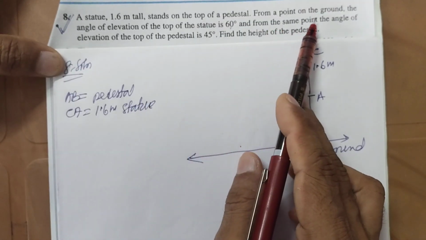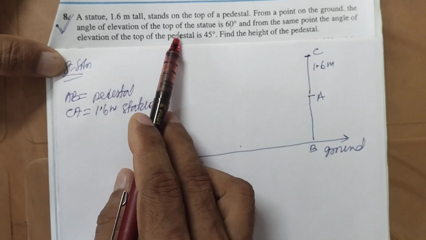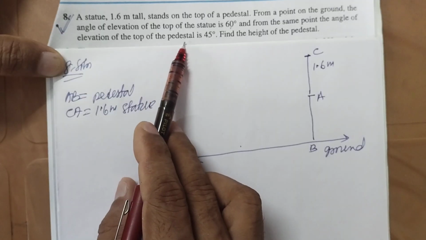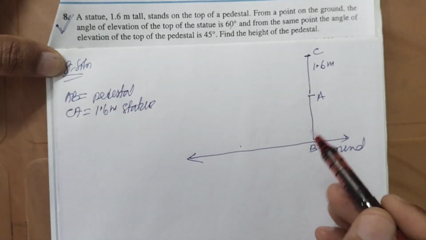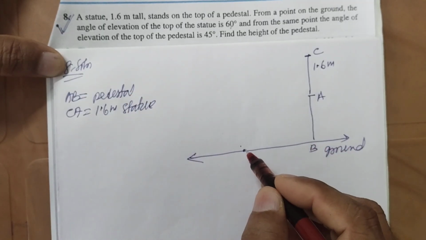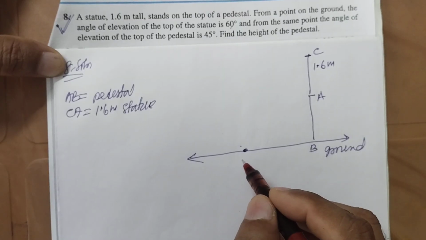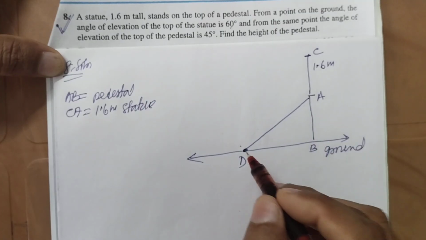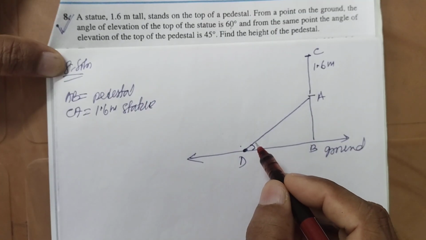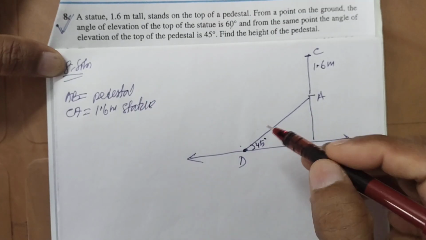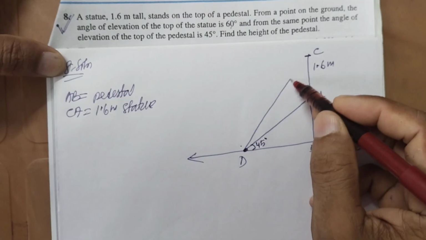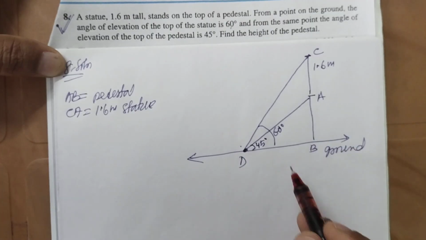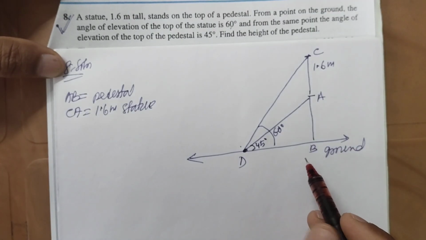And from a point on the ground, the angle of elevation of the bottom of the statue is 45 degree, and from the same point the angle of elevation of the top is 60. You see, one person from one point here is observing A, B, C, D. He is observing that the bottom is at an angle of 45 degree, and from the same point he is observing that the top is at an angle of 60 degree, and you are asked to find the height of the pedestal.